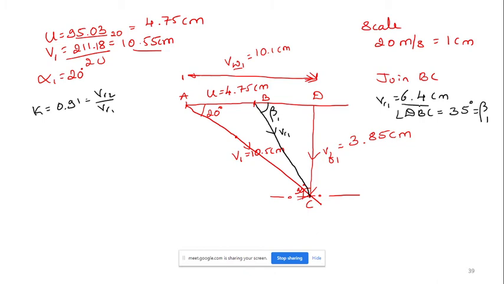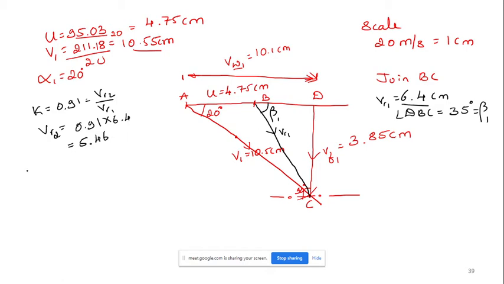You know VR1 is 6.4 centimeter. So what will be VR2? Sir, 5.46.